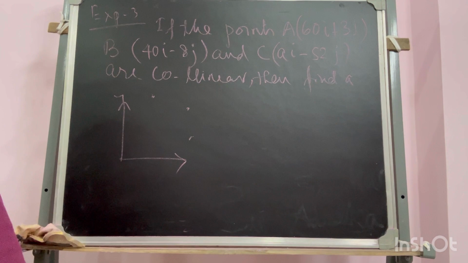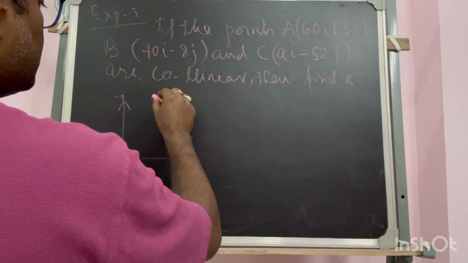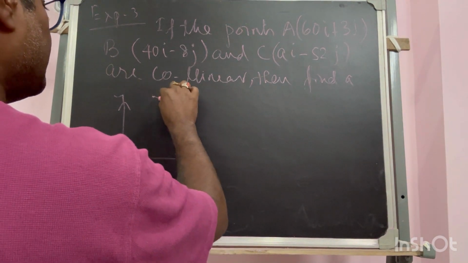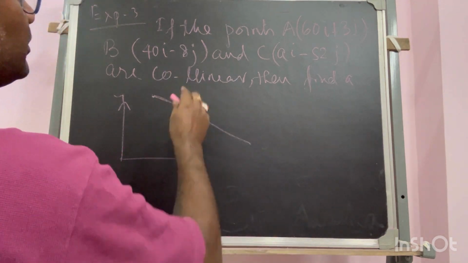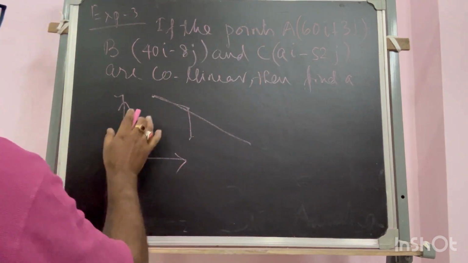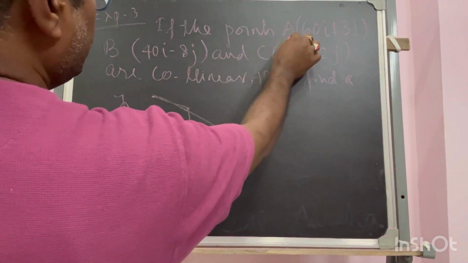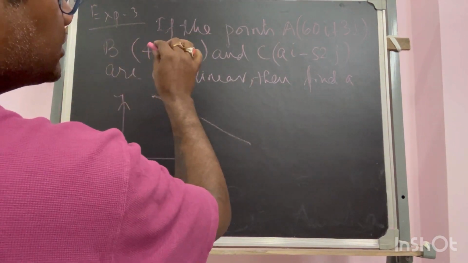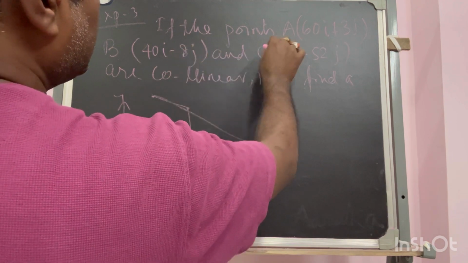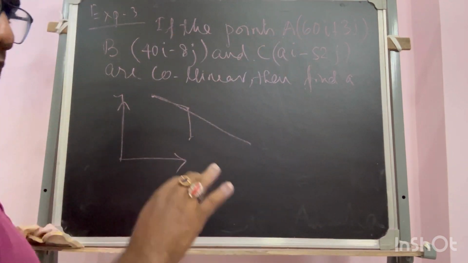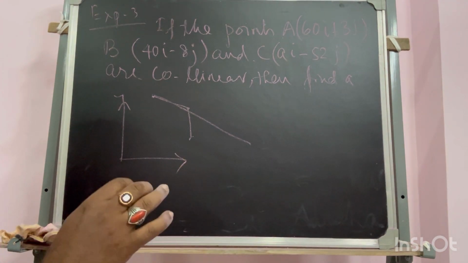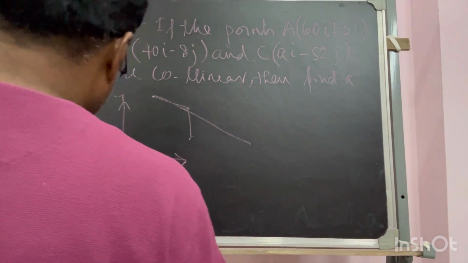We can find it. If these are collinear, that means if I join the three points, they should be on the same line. So the slope of the line if I join A and B is the same as if I join B and C, or A and C. In that case the line it forms will be collinear.